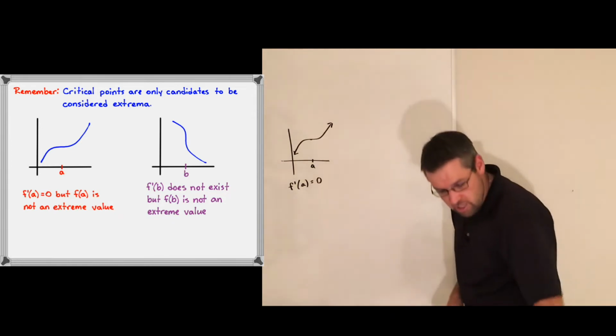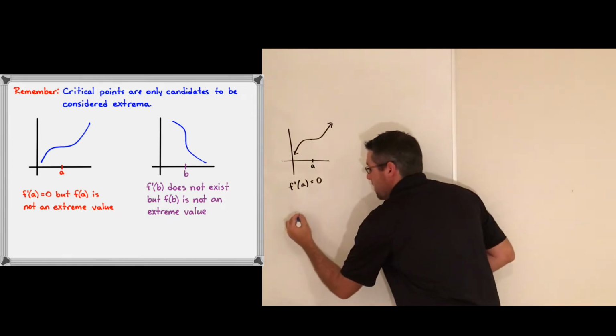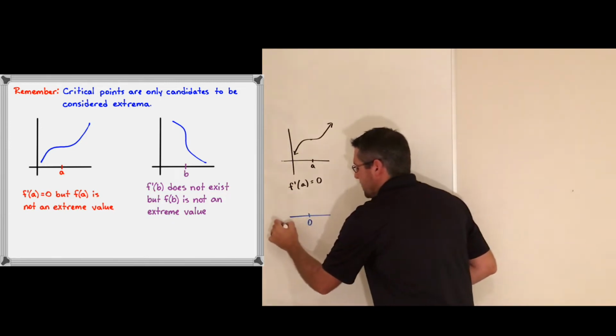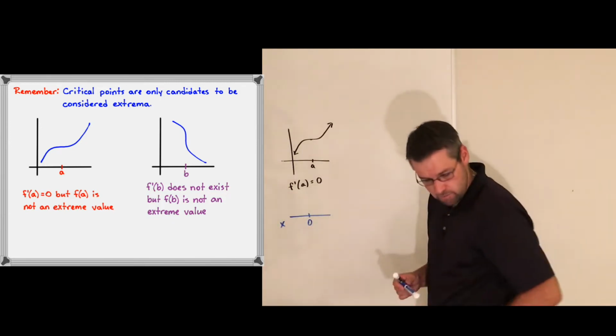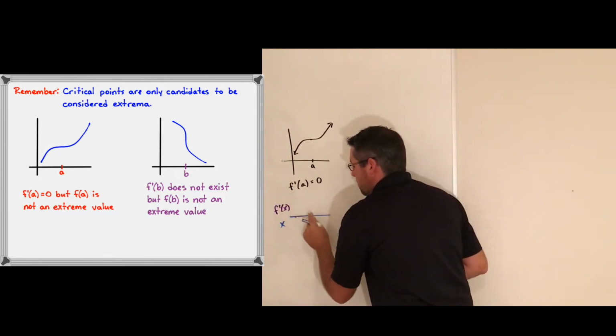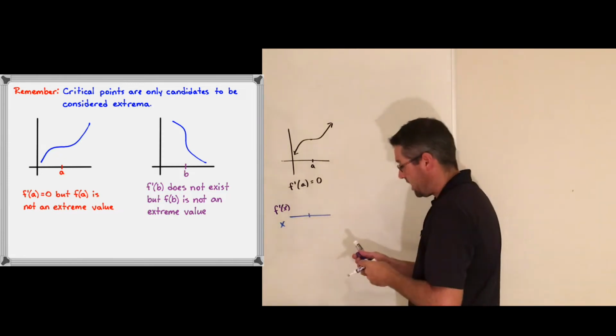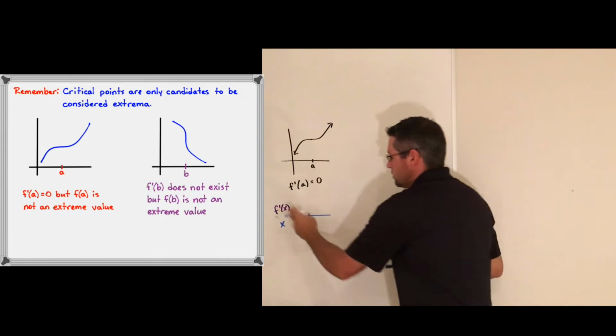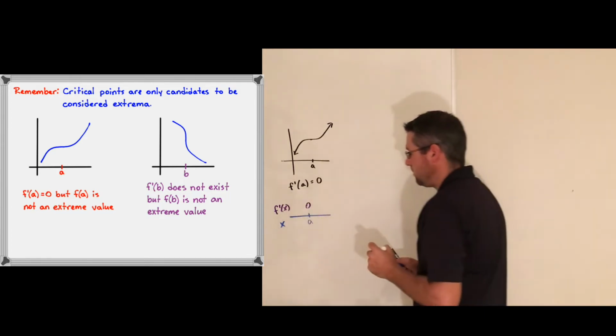Well, when we're talking about the number line, we would state that we have a critical point at 0. So when x is a, we have a critical point. So f prime was 0 at that point.